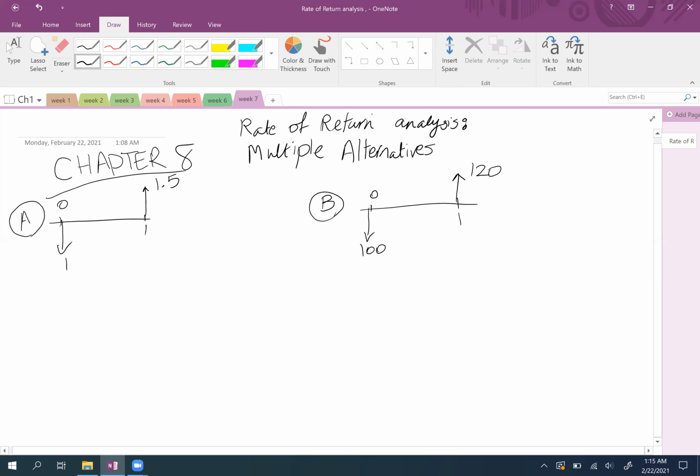From chapter 1, if you remember, we said if the alternatives are mutually exclusive, what should we do? If they are independent, what should we do? Also from chapter 7, if you recall, when your rate of return was greater than the minimum attractive rate of return, the minimum rate that you have in mind, you would accept the investment.